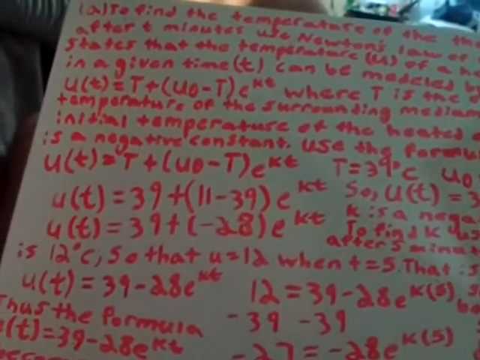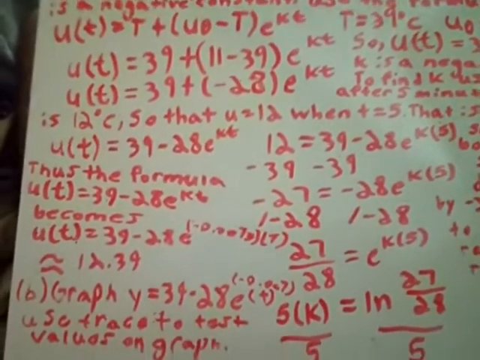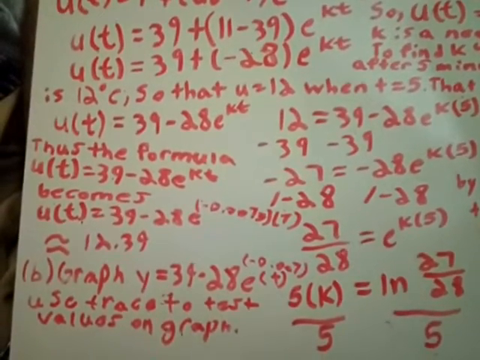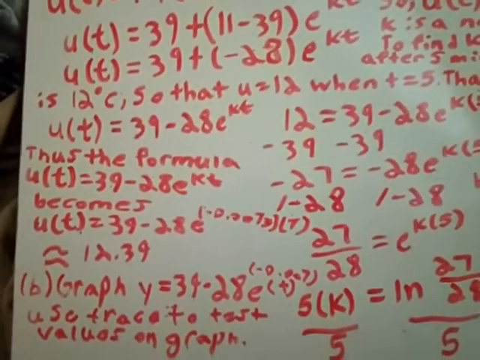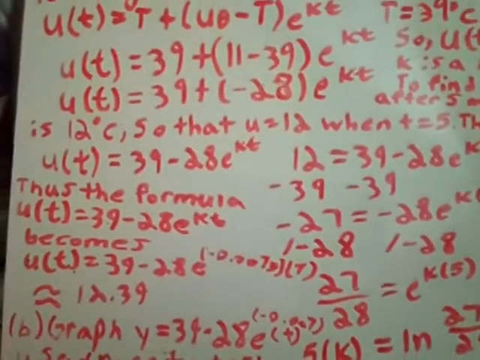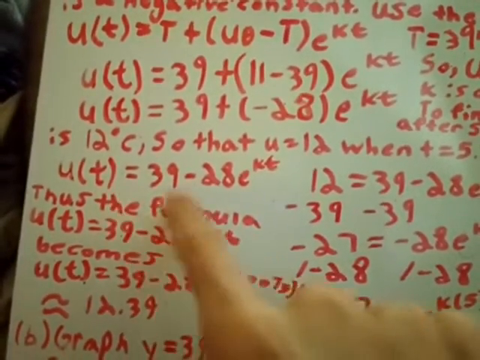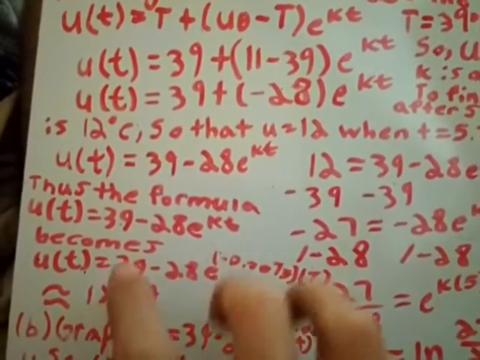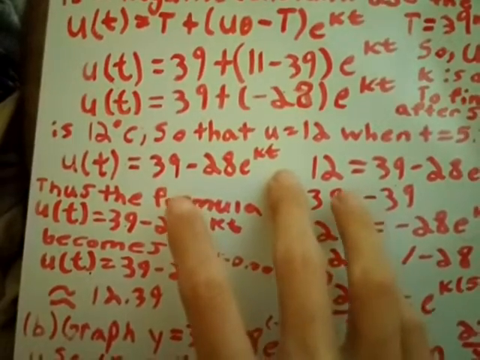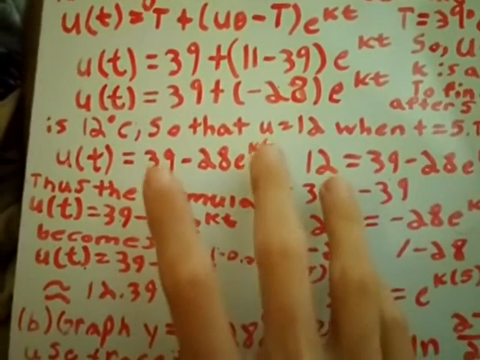Okay, it says 7 minutes. So the formula I'm using is U(t) equals 39 minus 28e to the kt power. They wanted me to plug in the value of 7 minutes, so I would find out what temperature the thermometer would be at 7 minutes.